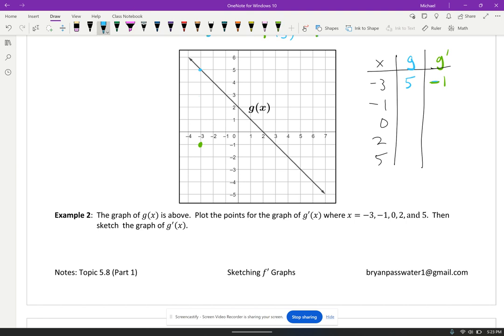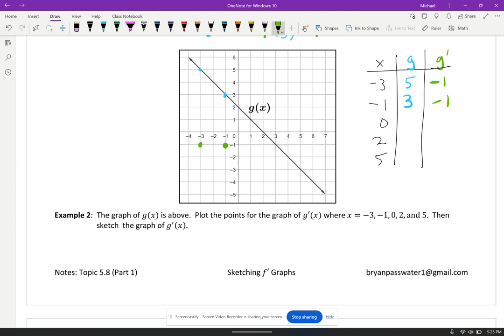All right, so let's find g of negative 1. G of negative 1 would be the y coordinate of that point. So that's 3. But g prime of negative 1 would be the slope at negative 1 of this function. Well, the slope is still down 1 over 1, down 1 over 1, down 1 over 1. So I'm going to plot the point at negative 1 because this is still negative 1.